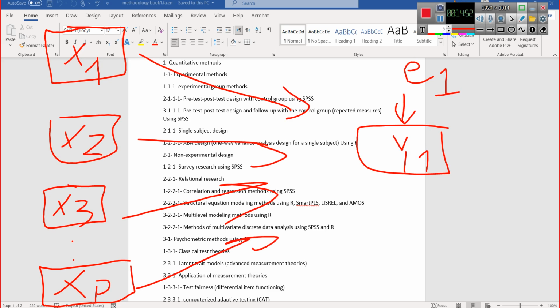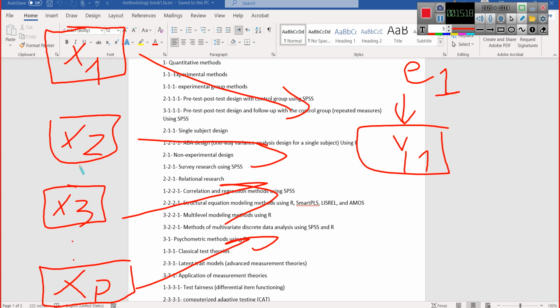And actually the diagram for a traditional multi-regression model and the multi-level regression model is the same, but the difference is that the predictor variables are from different levels.